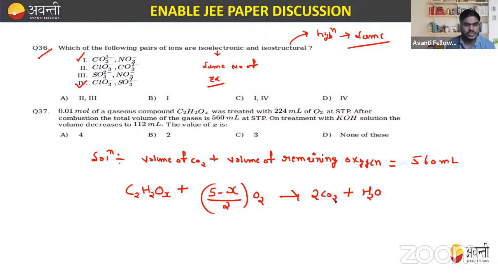Now, for C2H2OX, what we have to calculate, beta, is the value of X. So how will you calculate the value of X? If I'm saying for the used mole of O2, how many? That is (5 minus X)/2. How many moles of O2 are used? That is 0.01.